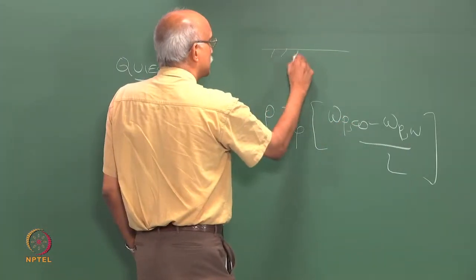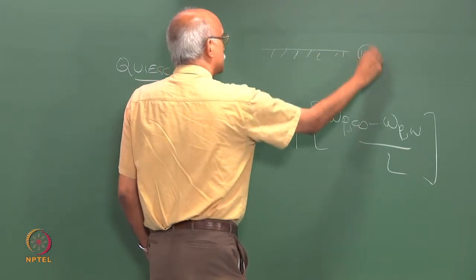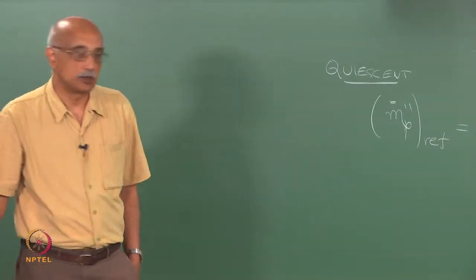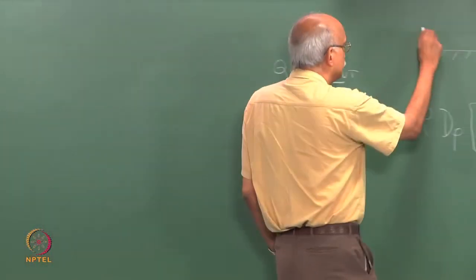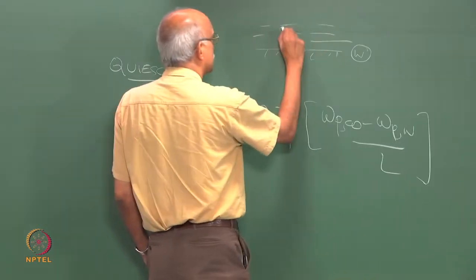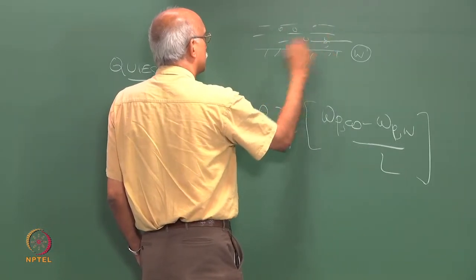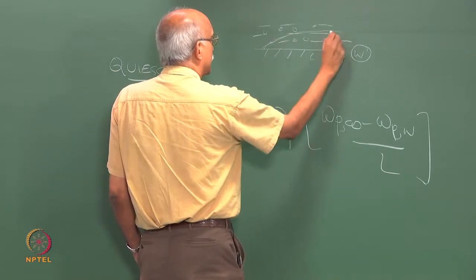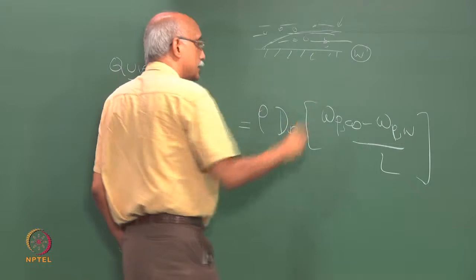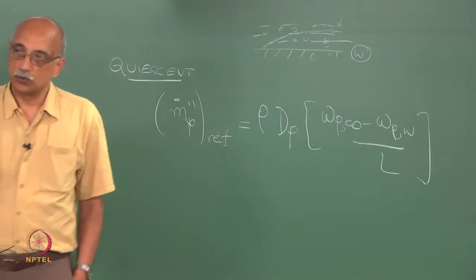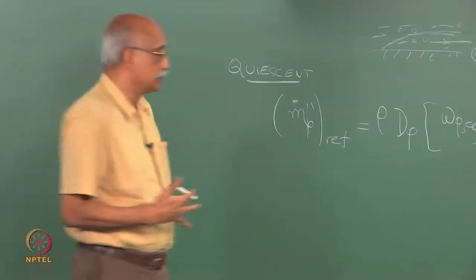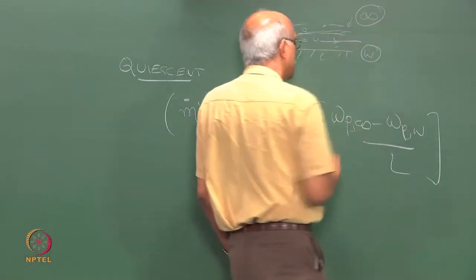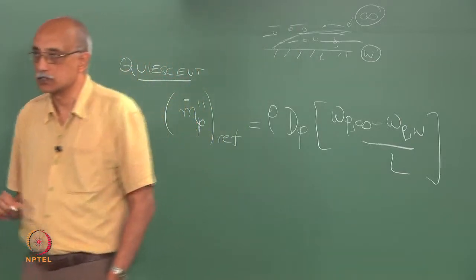So, basically if you have a surface, the surface is conventionally referred to as location W, stands for wall, and if there is a fluid flowing past this surface and it has entrained particles in it, and let us say that there is a boundary layer that develops, the location in the fluid outside of the boundary layer is called the main stream or free stream, and it is designated by infinity as a subscript.